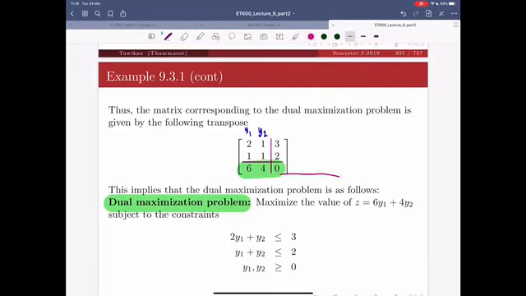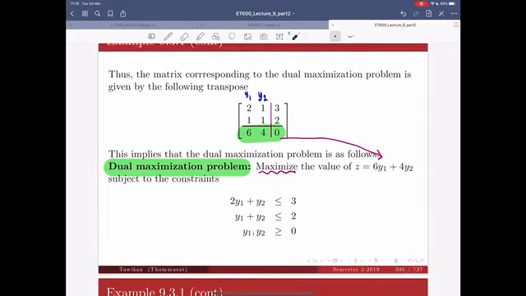So here, you have your new objective function: maximize z as 6 times y1 plus 4 times y2. So the dual maximization problem is to maximize z, a linear function that can be written as 6y1 plus 4y2, under those two constraints.